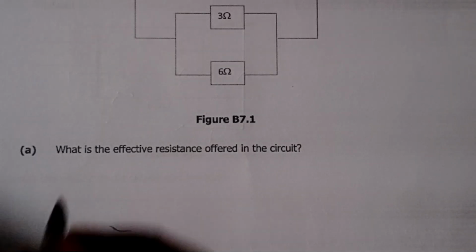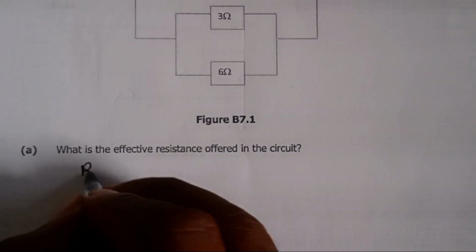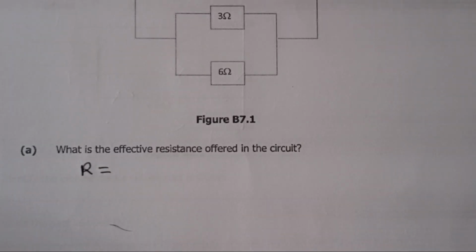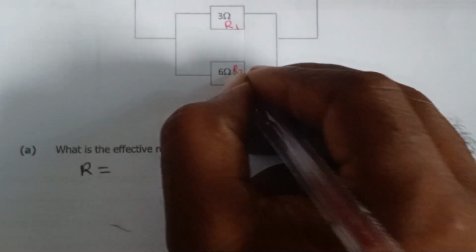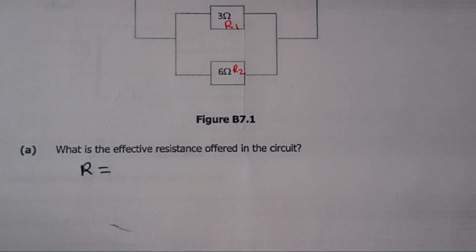So resistance is equal to, remember that the two resistors, let's say this is resistor 1. This is resistor 2. So we have two resistors, resistor 1 and resistor 2, they are in parallel.